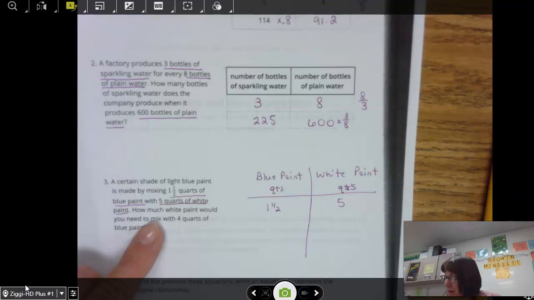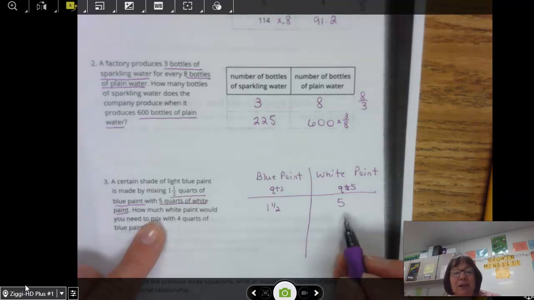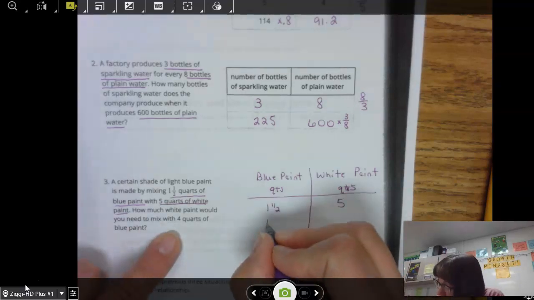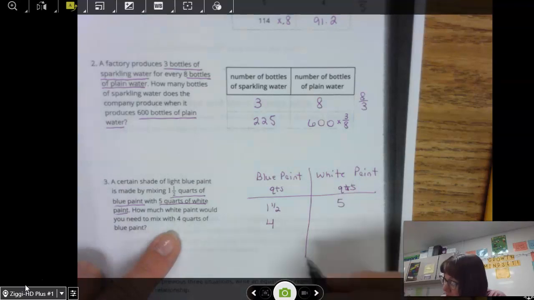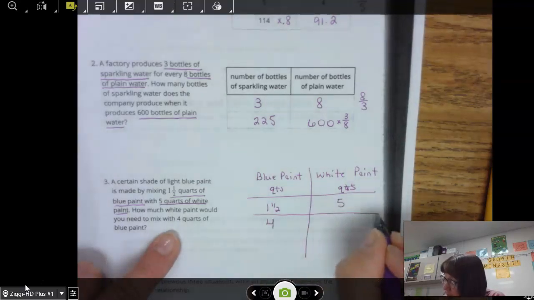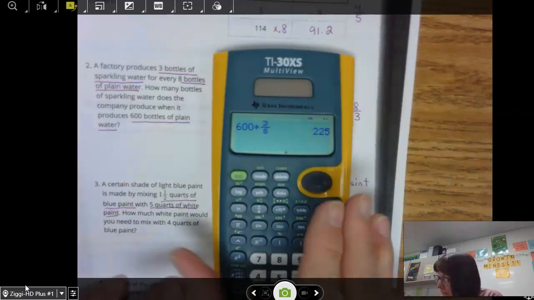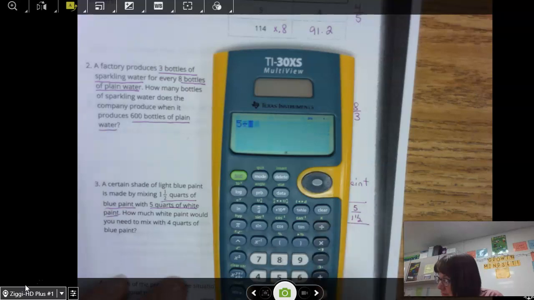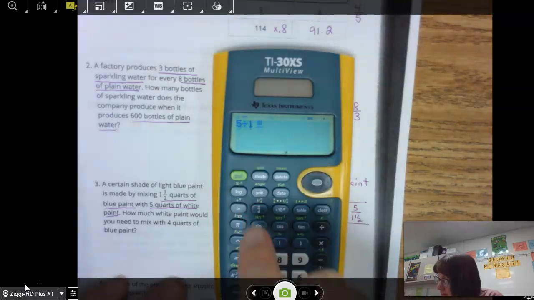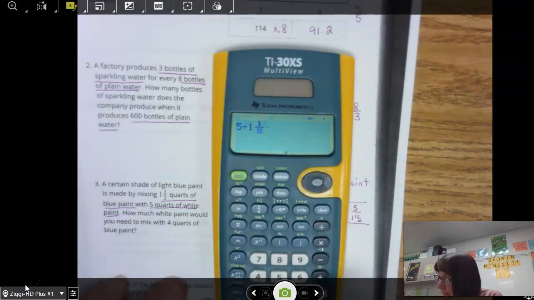How much white paint would you need to mix with 4 quarts of blue paint? So here's my second row in my table. I'm going to find my constant by taking 5 and dividing by 1.5. And you get 10/3.